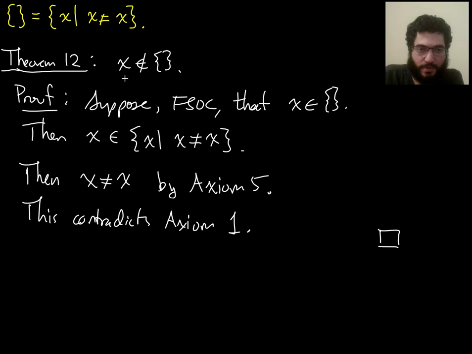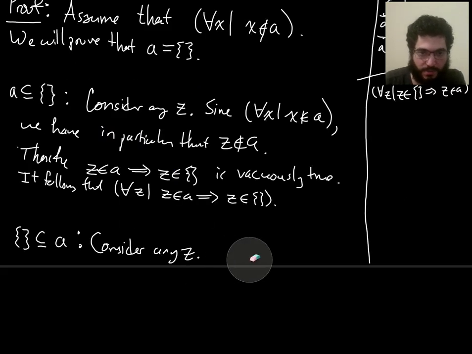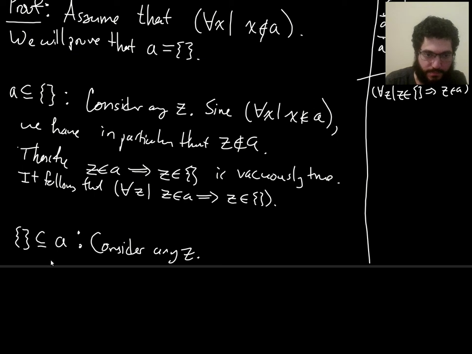So according to Theorem 12, well, technically Theorem 12 just says x specifically is not in the empty set. But thanks to that derived rule 31, this free variable can be replaced by anything when I apply this theorem. So Theorem 12 says that z is not in the empty set. By Theorem 12, z is not in the empty set.